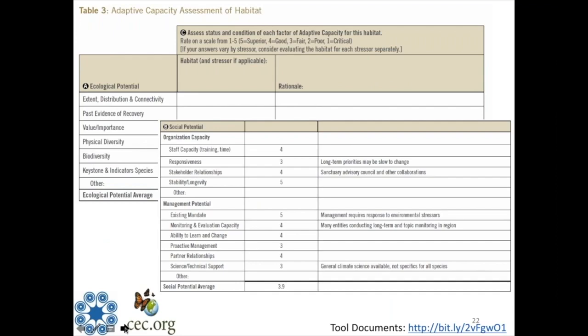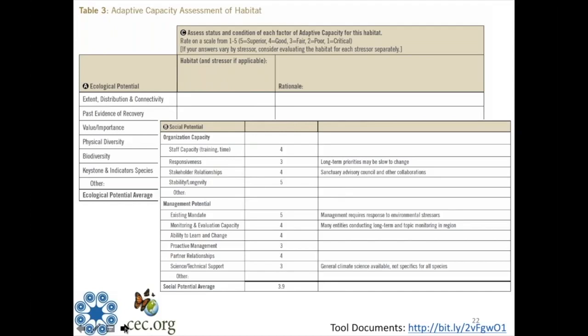Table 3, again, gets that last component of vulnerability, which is adaptive capacity. This is the one that we got a lot of feedback from our different testing groups on how best to capture this concept. And with a lot of really good thinking in multiple trial settings, we kind of divided this adaptive capacity concept into 2 categories: an ecological potential for the system and a social potential for the system.